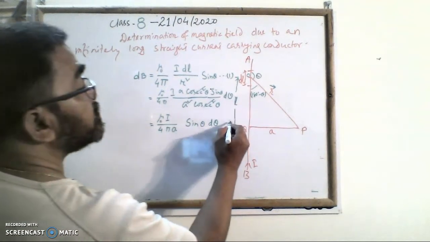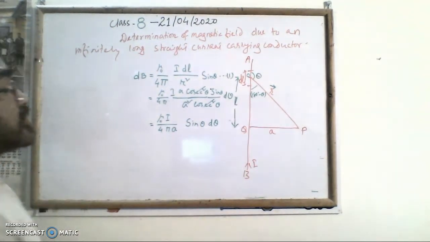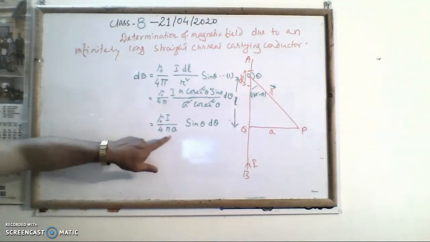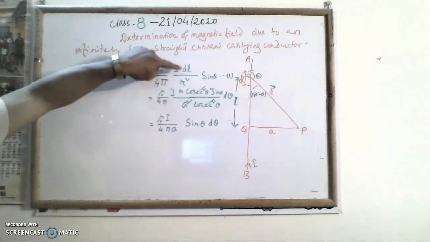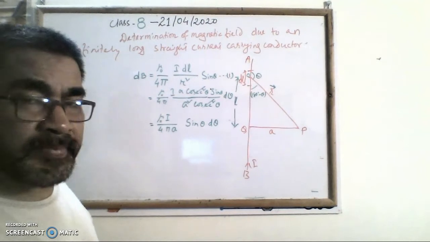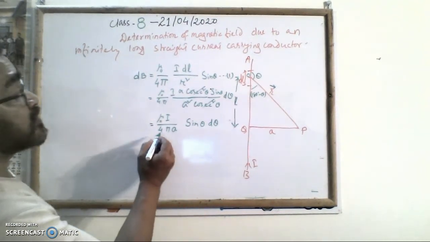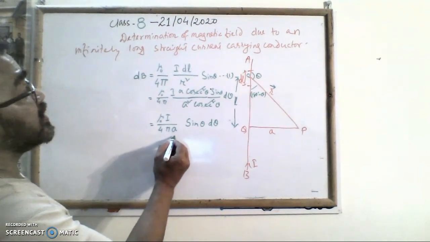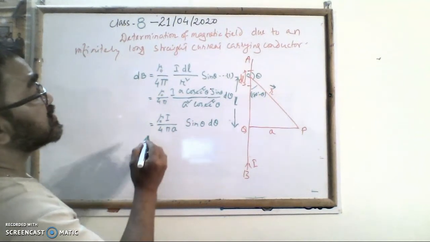So this value is obtained after putting the value of r and dl. Mu naught I by 4 pi A sin theta d theta.